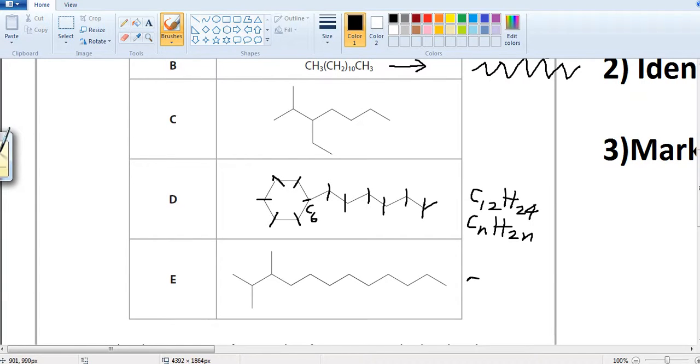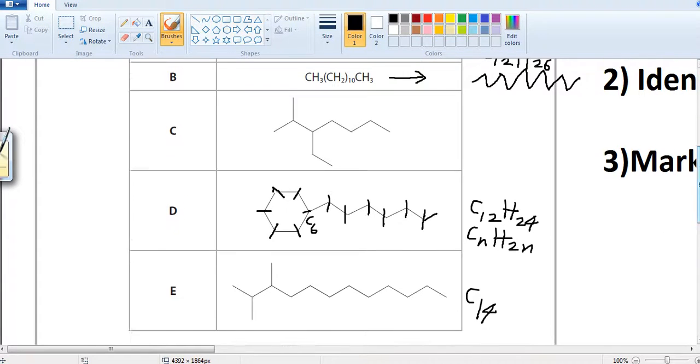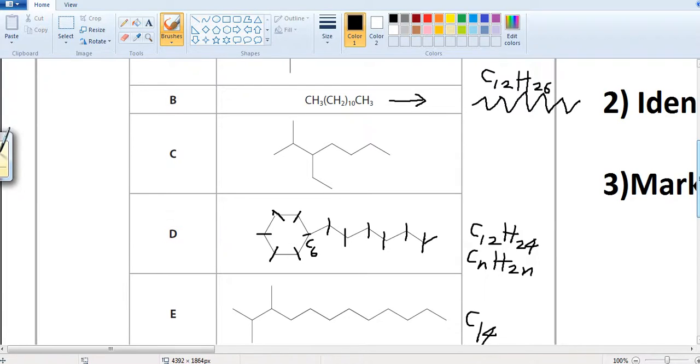Oh, it also has 12. 12 in the straight chain, and 2 more, 12, 13, 14. So it has a total of 14 carbons. Since there is a differing number of carbons, B and E shouldn't be isomers.